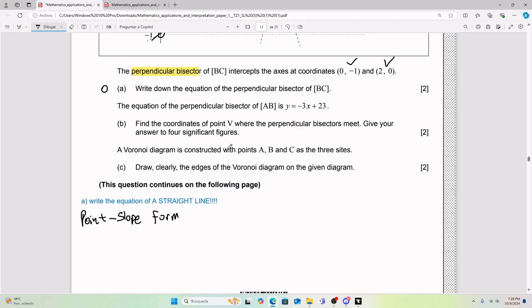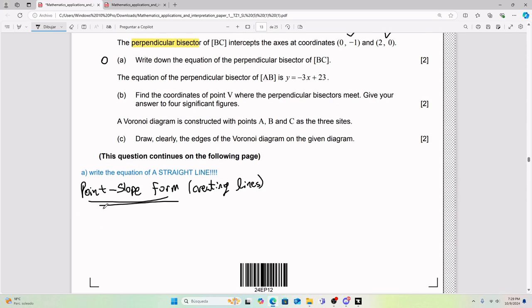And this equation, for me at least, is the only relevant one. See, the point slope formula is absolutely essential for creating lines. I know the other ones can also help you create lines, but I highly suggest you learn the point slope formula at its heart. How does the point slope formula look like? It looks like this: y minus y1 equals m parentheses x minus x1.